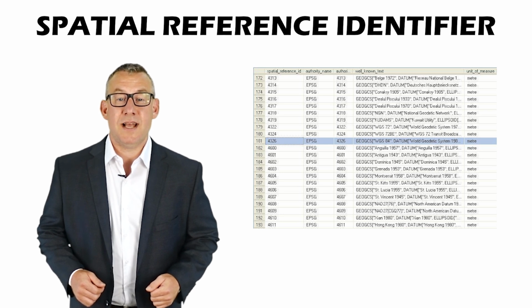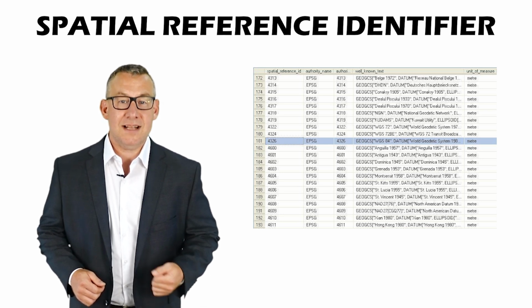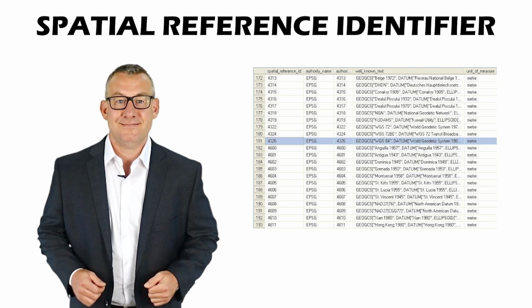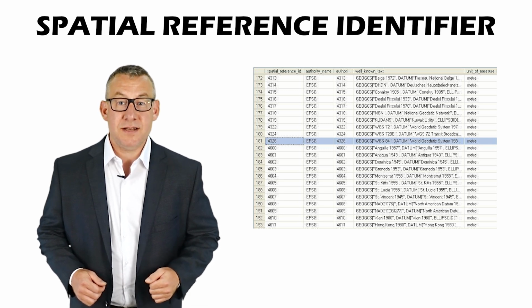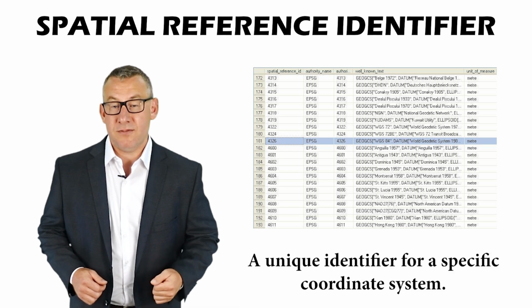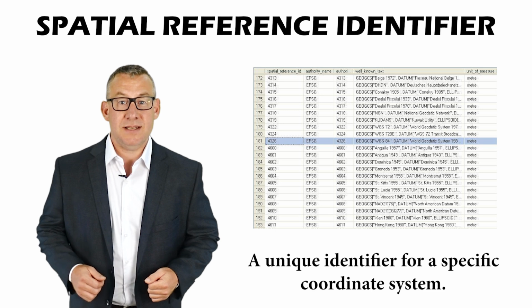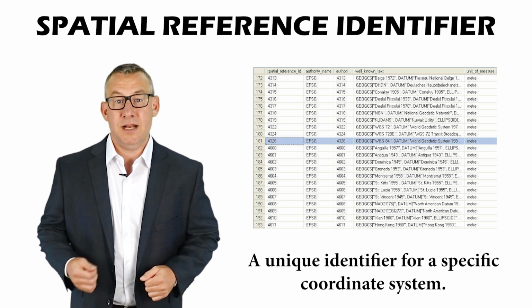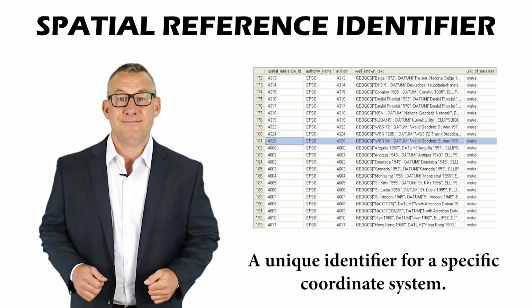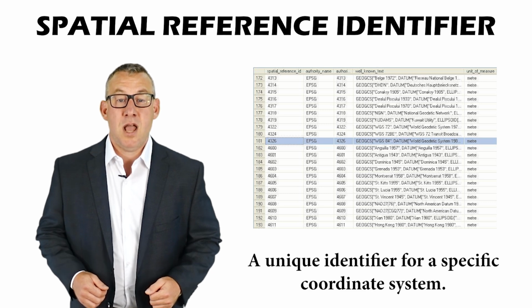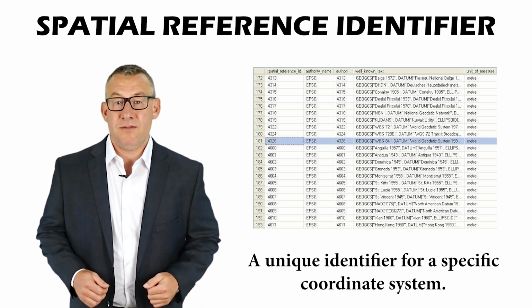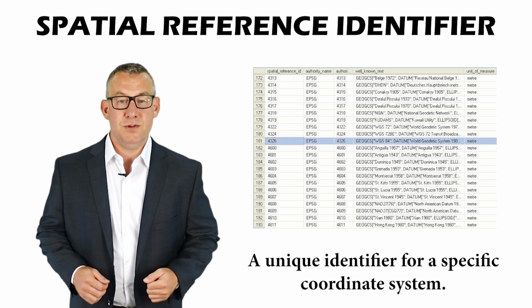A spatial reference identifier, or SRID. A spatial reference identifier is a unique identifier for a specific coordinate system. A spatial reference identifier can vary depending on the database used to store your data. The most popular spatial reference identifiers are EPSG codes.